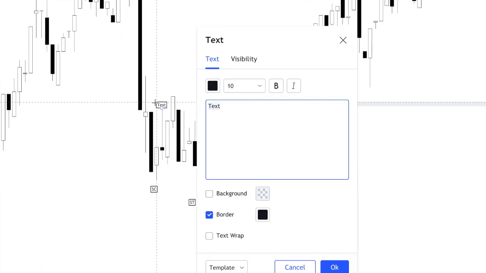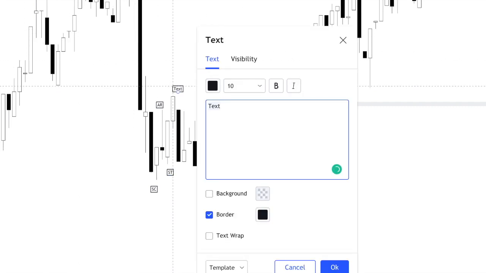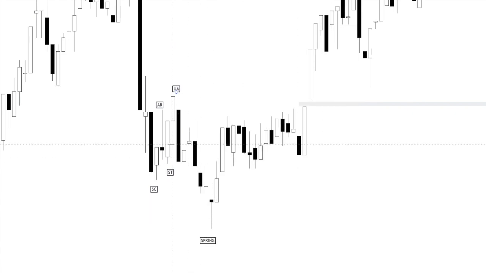So if you guys are interested in that, it's going to be my AR. Okay, if that's my AR, I'm actually going to move this to my second test. Okay, and then I have this candle right here, which is a thrust action. And I already marked up my spring. This is a little bit of a mitigation block or migration block, but I'm not going to label it.